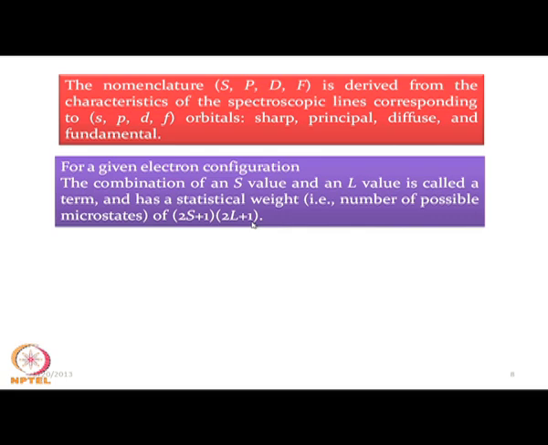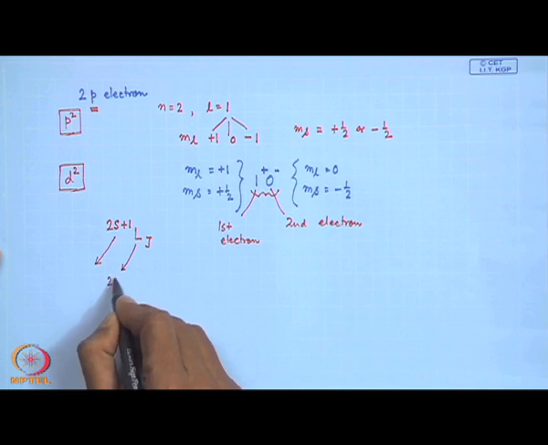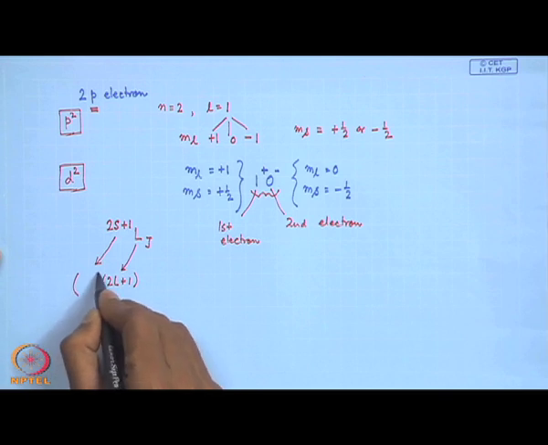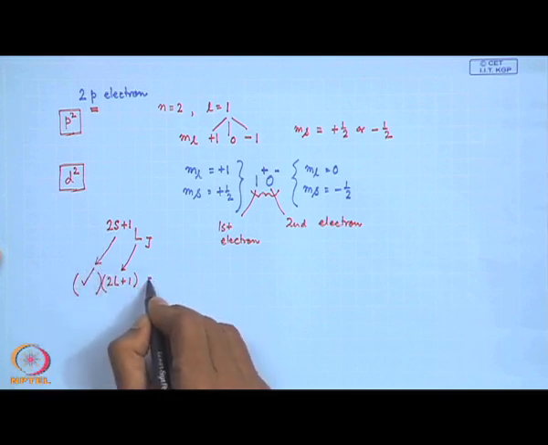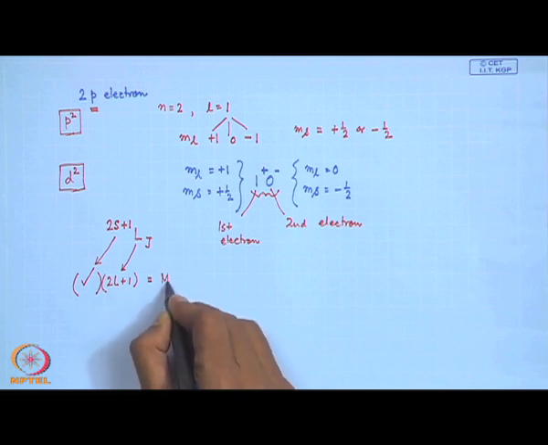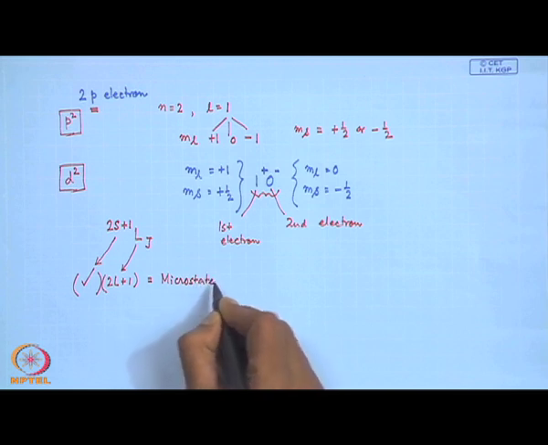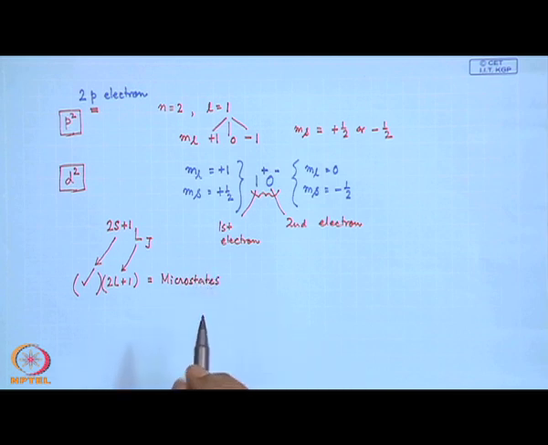If we have the L value giving rise to 2L plus 1, multiplied by this one, we will get the total number of possible microstates.